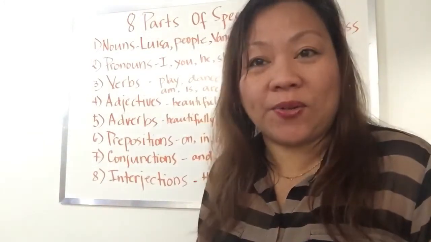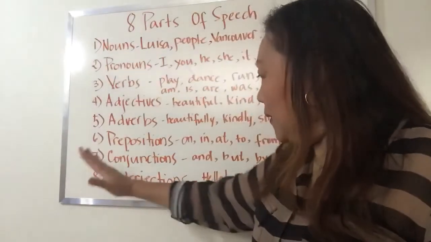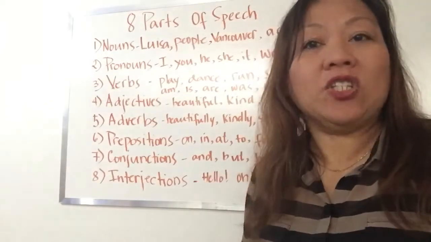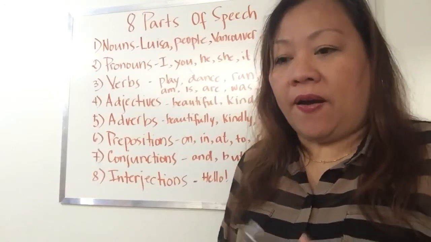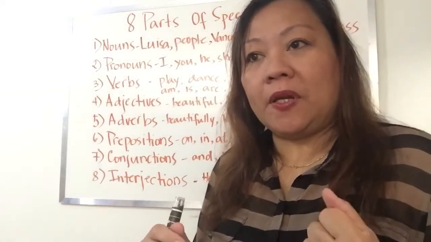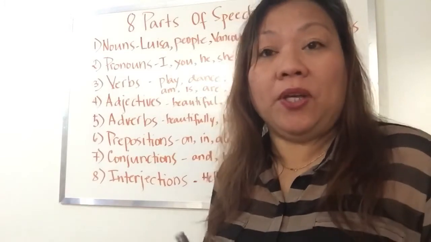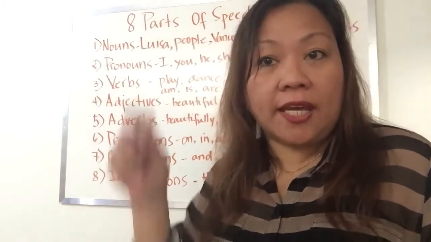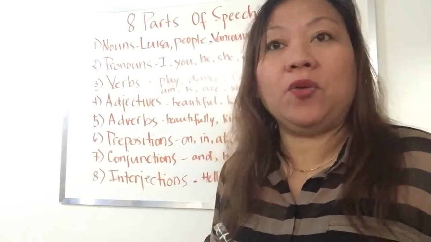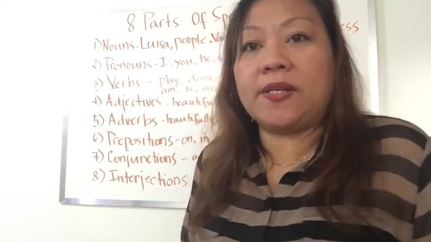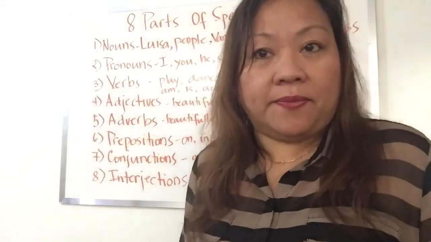So these are connectors. Okay, so the last one is what we call interjections. And interjections, when you use them, usually end in an exclamation point, meaning we use this to express a feeling.